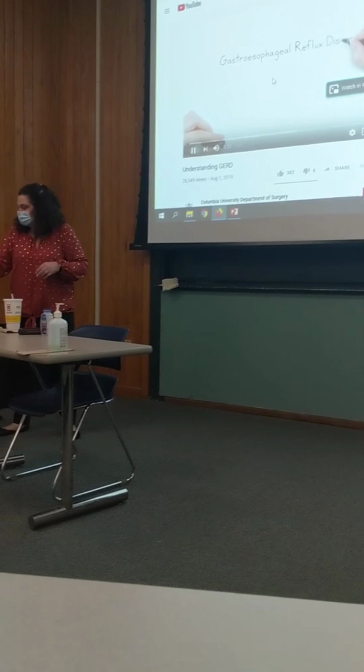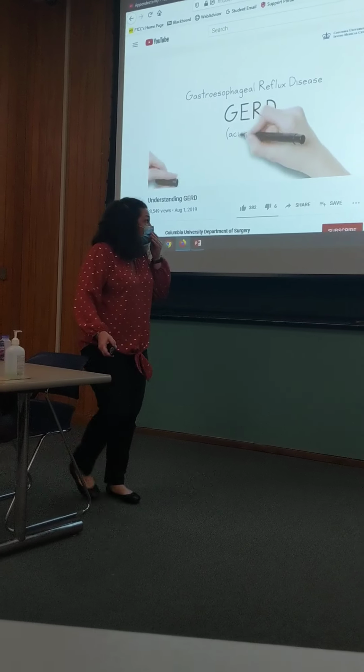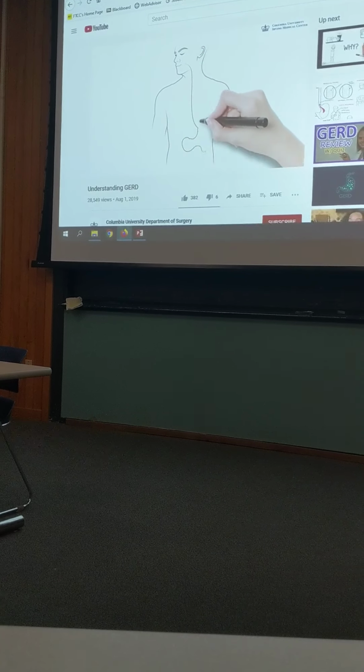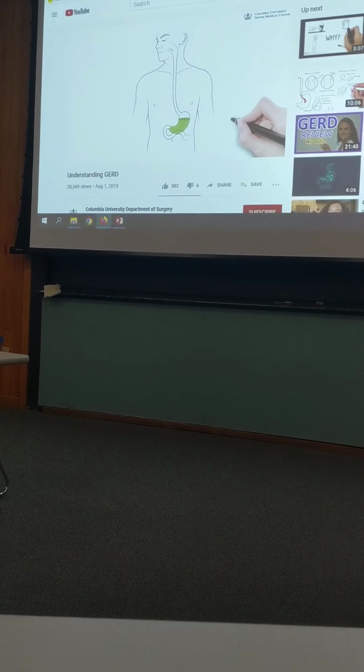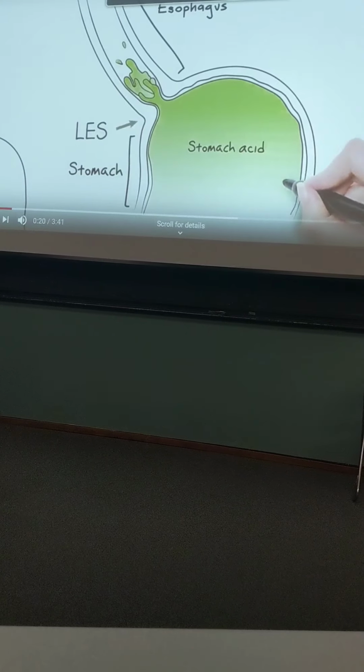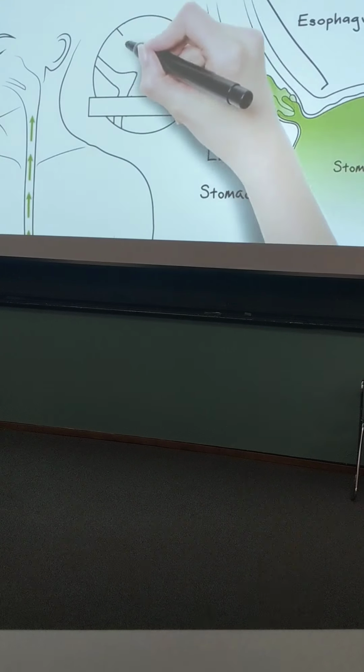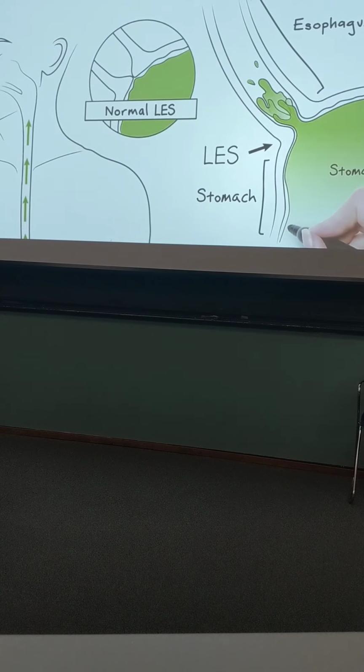Gastroesophageal reflux disease, also known as GERD or acid reflux, is an illness where stomach acid refluxes or flows out of the stomach and up into the esophagus. This is usually caused by a weak lower esophageal sphincter, LES, a muscle that acts like a barrier between your stomach and esophagus.